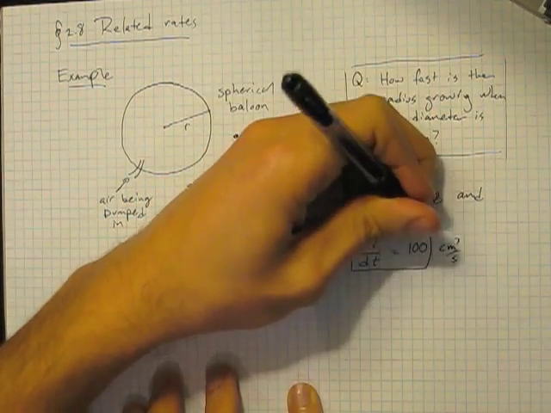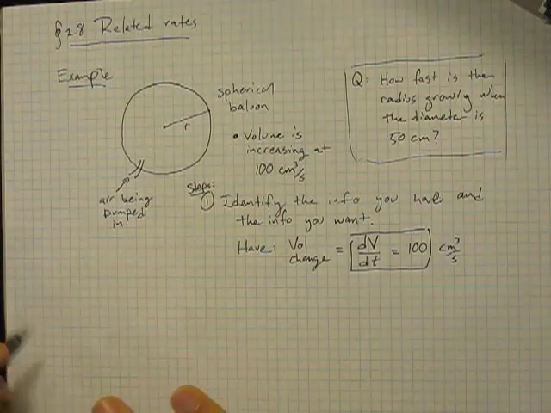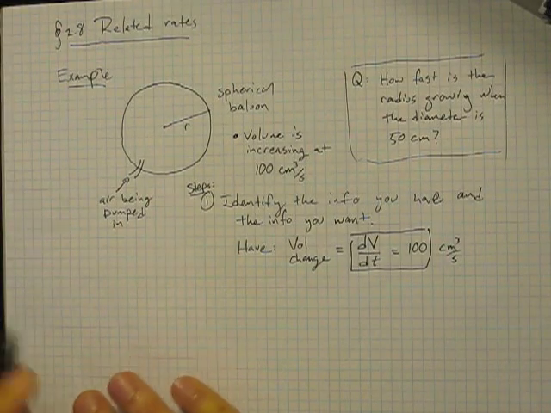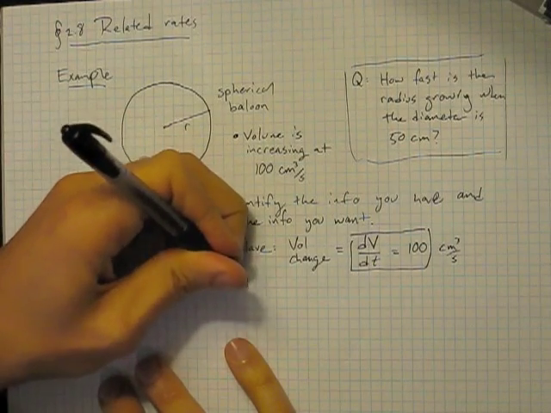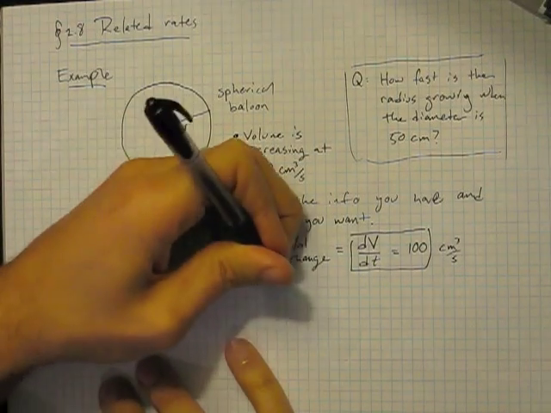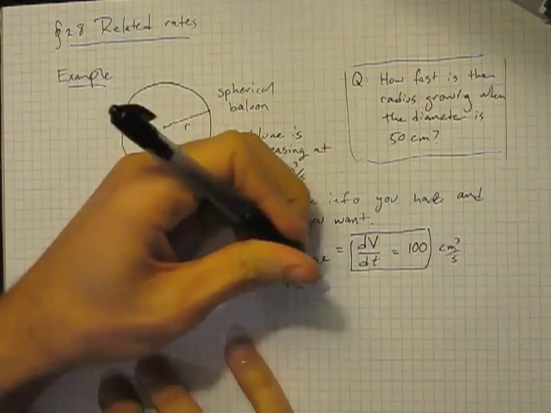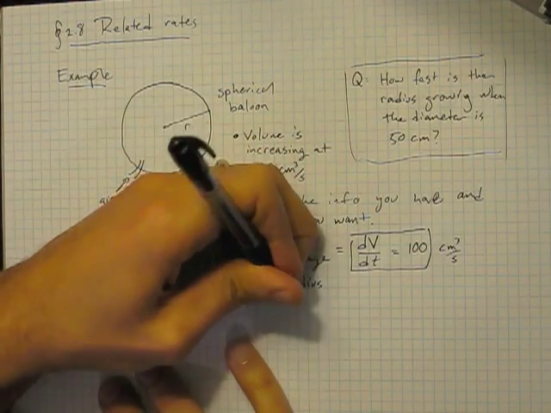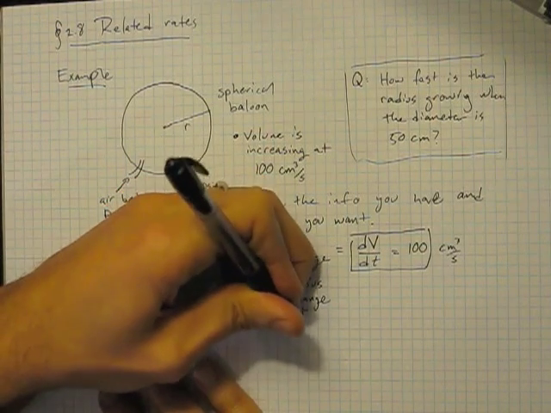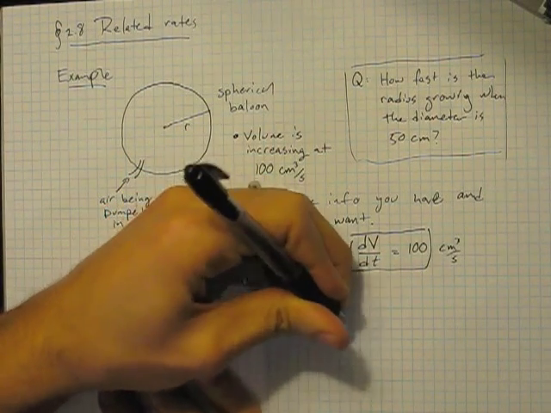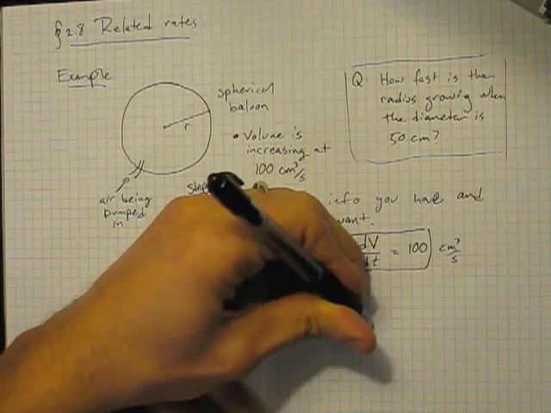So this is the first step, okay? And then what we want is the radius change at diameter 50 centimeters.